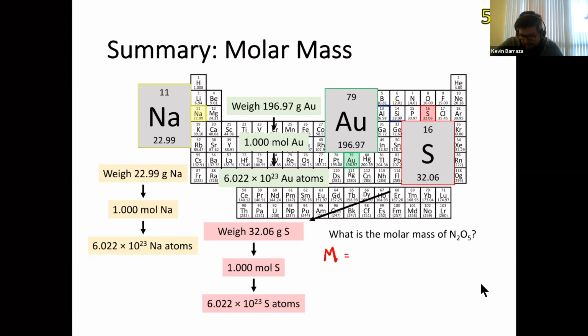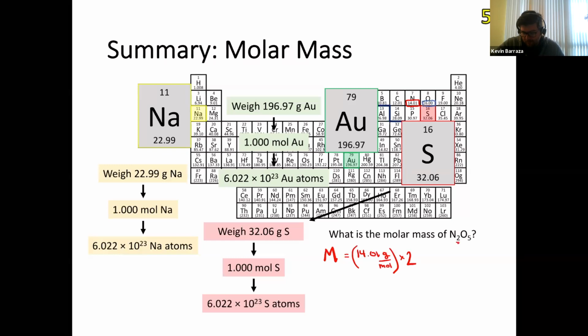So we look for nitrogen, which is up near the top, and here's the number, 14.01. So this means 14.01 grams per mole times 2, because there are 2 nitrogen atoms.